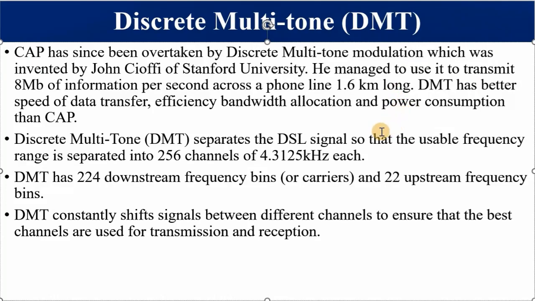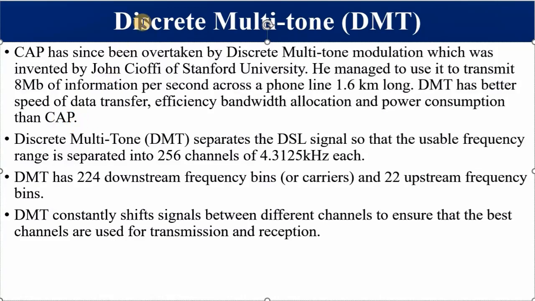So we are saying it has got better speed of data transfer, efficient use of the bandwidth, as well as better consumption of power when compared to carrierless amplitude phase modulation.